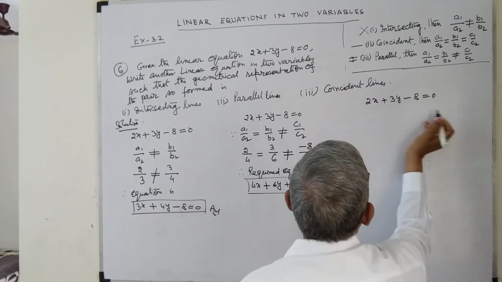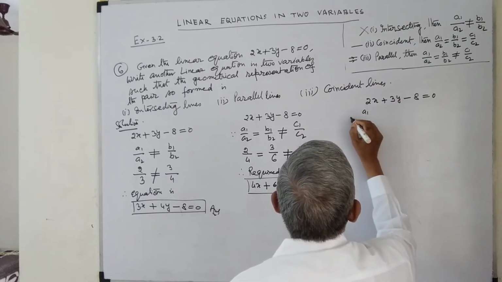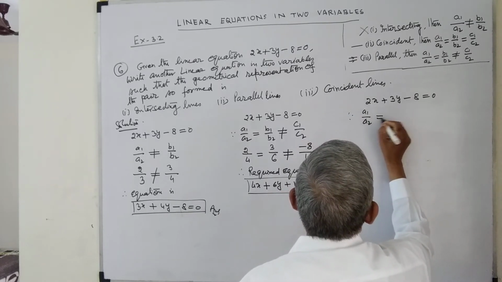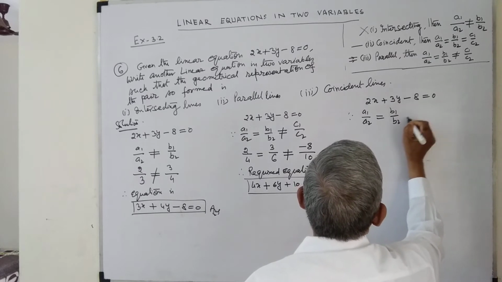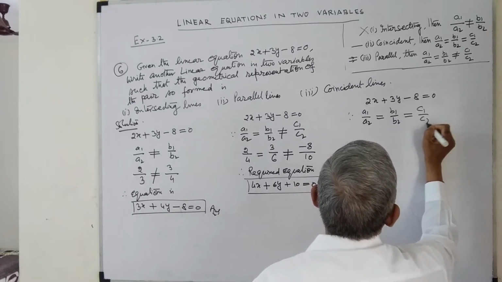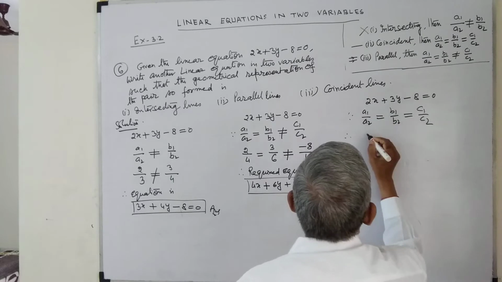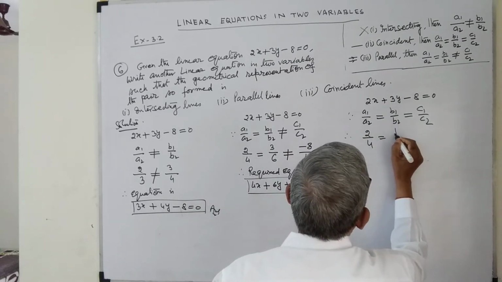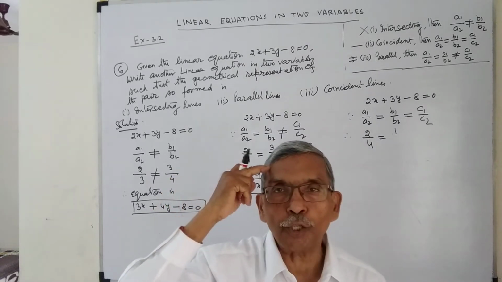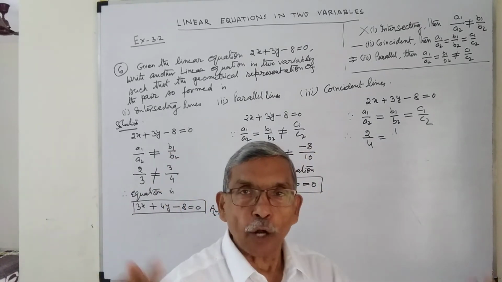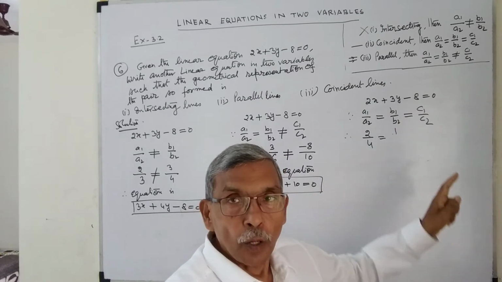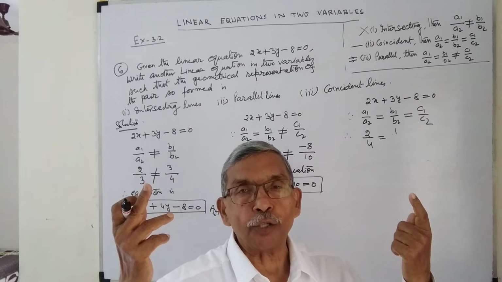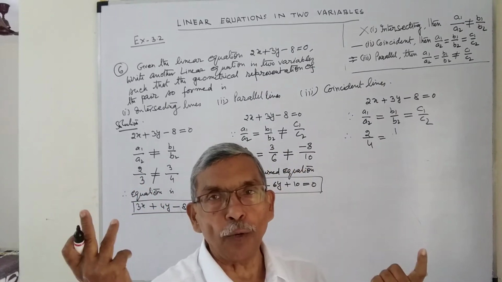Since a1 upon a2 is equal to b1 upon b2 is equal to c1 upon c2, 2 is given, so we take 4 here. I plan that the ratio should be 1 upon 2. Accordingly, I will choose b2 and c2.